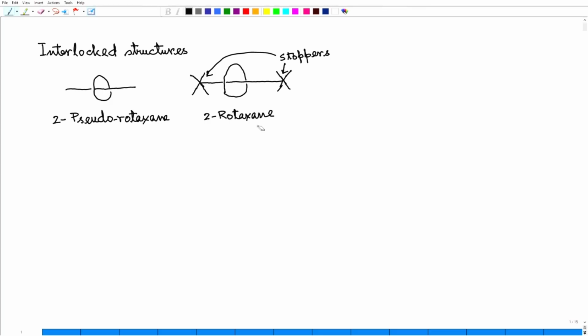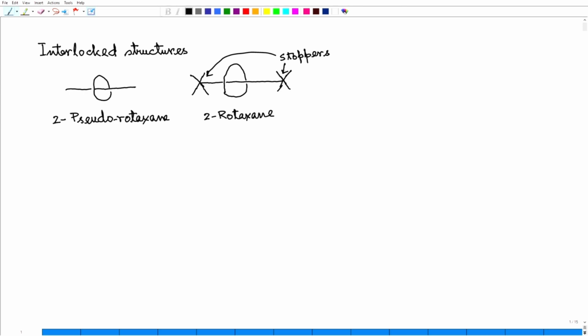That means a rotaxane is a particular supramolecular compound where a macrocycle can enter a linear rod-like structure, and once it gets in, it cannot be taken out easily. How do we synthesize this compound?